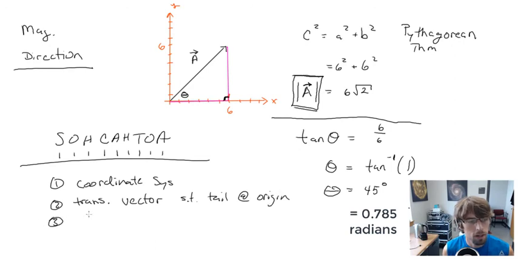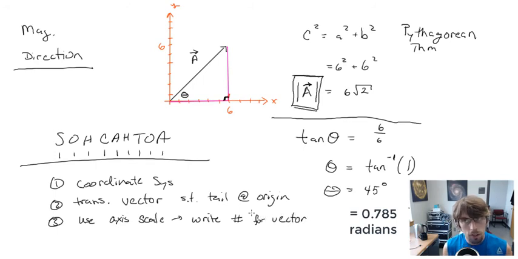Then you simply count. You can then use the scale on the axis to count the vector. So use the axis scale, and this allows you to write numbers for the vector, and you're done.